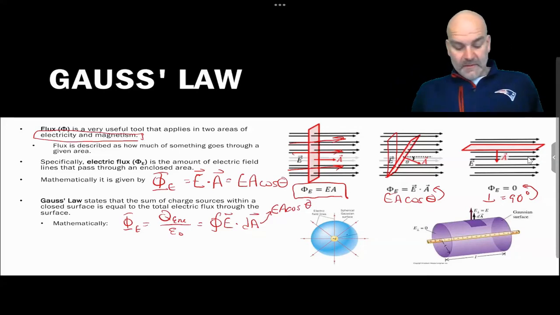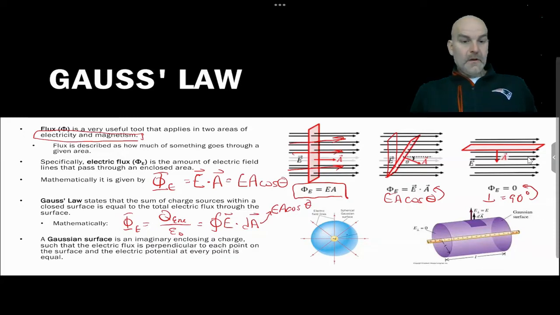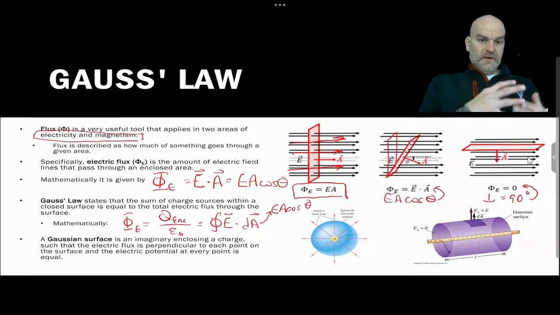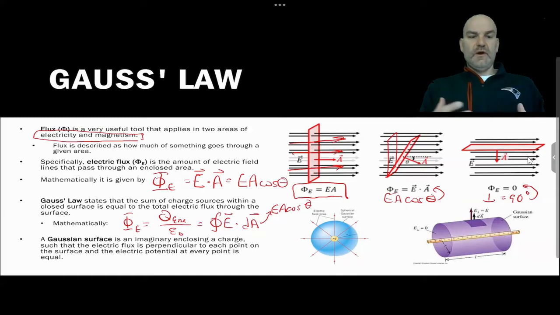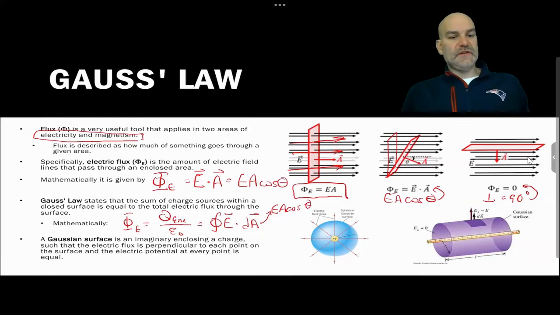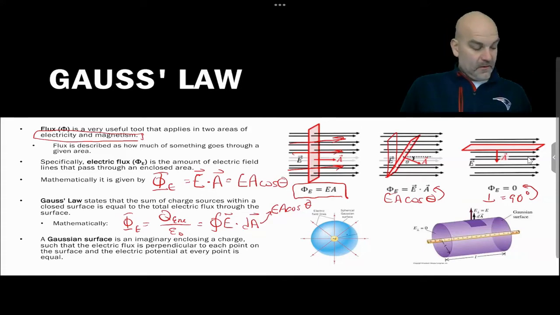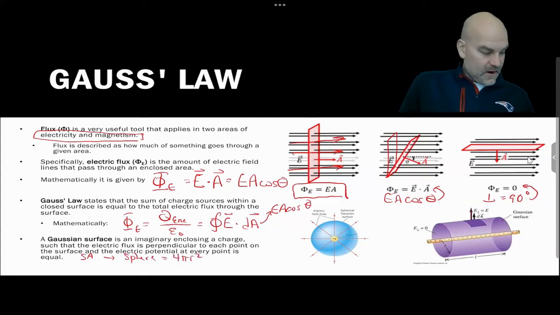So what does that mean? You're going to have to remember some surface areas, because what we do is surround the charge with a Gaussian surface, such that the electric flux is perpendicular to each point of the surface, and the electric potential at every point is equal. The common one we do is the sphere, which has surface area 4 pi r squared.